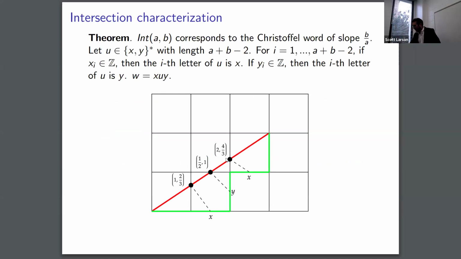So here, these 3 points right here are int AB. These are the points where this red line intersects the Z by Z integer lattice. And we can correspond these points to the steps on the Christoffel path. If the X coordinate of the point is an integer, that corresponds with an X. If the Y coordinate is an integer, it corresponds with a Y. You can kind of see how that works.